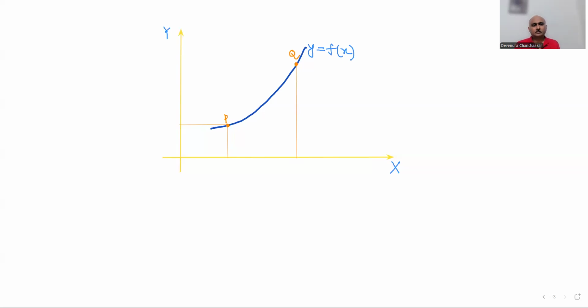So this is x1, y1, x2, y2. And if I complete this triangle here, let's say this point is R.